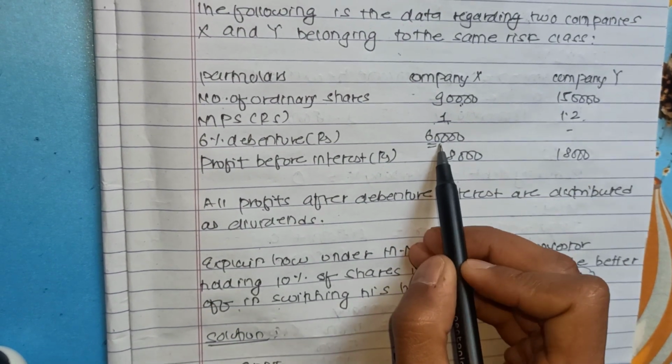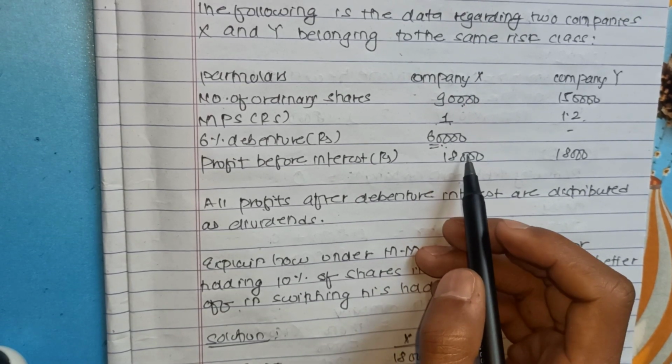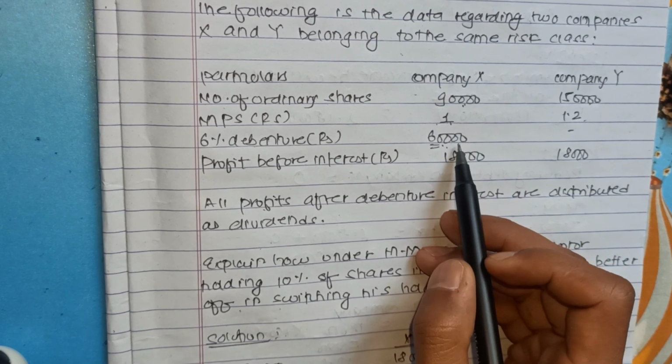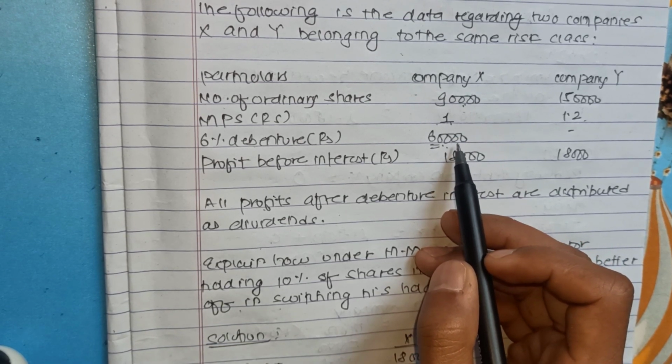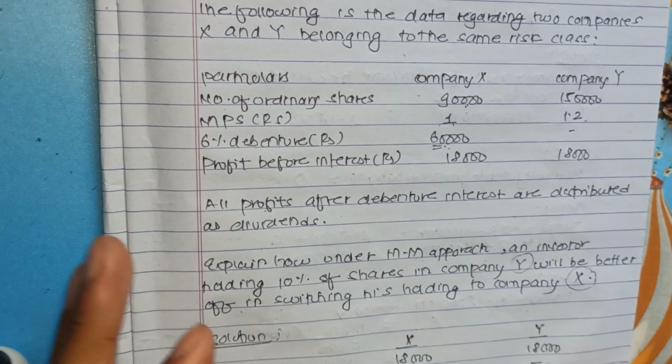That means the company X has the debt of 60,000. In this 60,000, the investor has to invest 12% of debt in company X.